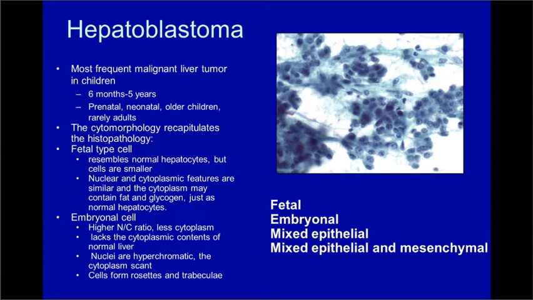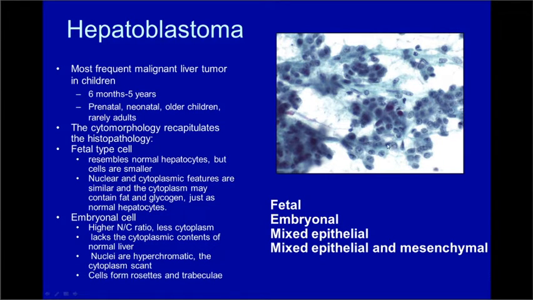And I'm going to say a brief word about hepatoblastoma. It's an uncommon neoplasm, but clearly the most frequent malignant liver tumor in children, occurring from 6 months to 5 years, but it may also be seen in the prenatal, neonatal age ranges or older children, rarely in adults. The cytomorphology recapitulates the histomorphology, and it's usually a combination of cells with a fetal pattern. They look like hepatocytes, but they're smaller cells with a higher N/C ratio and a small amount of granular cytoplasm.